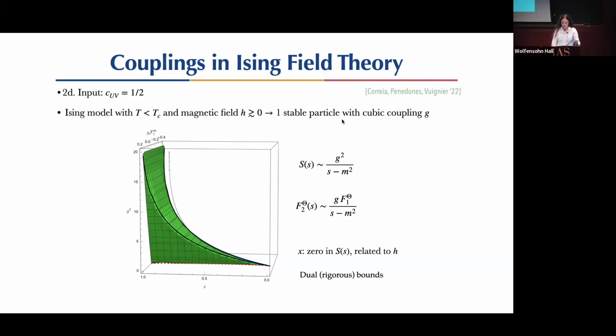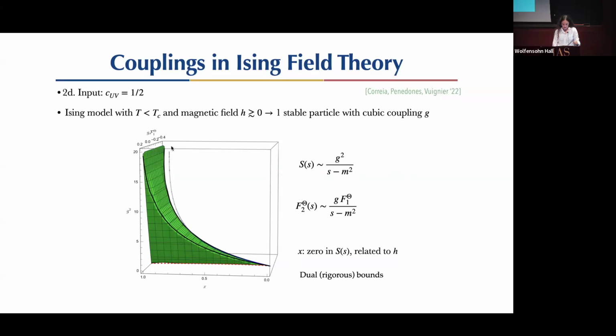In this region you have just one stable particle with some cubic coupling G, so that the amplitude will have a pole, as we saw already, and the form factor will also have a pole like this, with some coefficient F1, the constant for the 1-particle form factor. Again, the operator is the trace of the stress tensor.